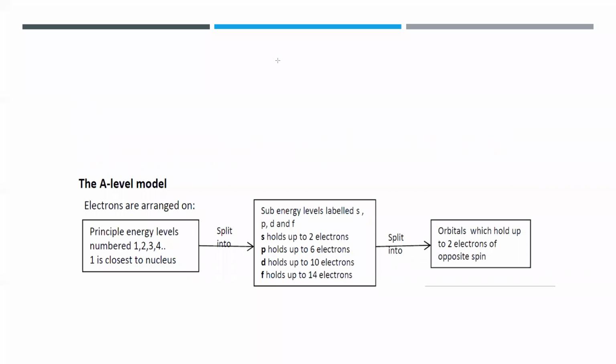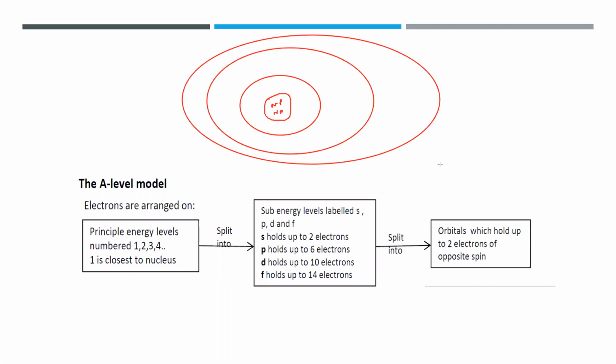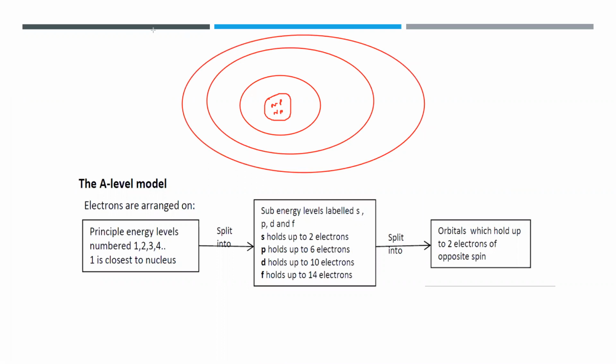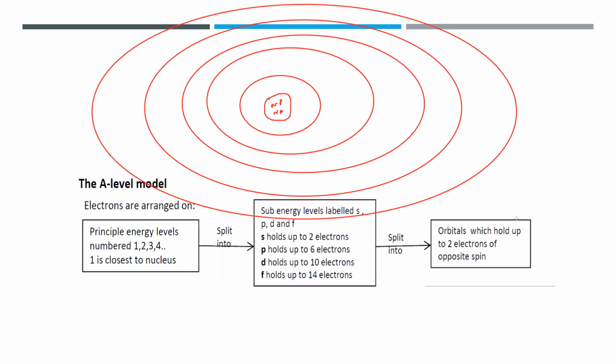For any atom, we have the nucleus, the central part, which contains neutrons and protons, and it is surrounded by electrons in the shells, K, L, M. So these are actually shells: first shell, second shell, third shell, fourth shell, and fifth shell, and so on. 6 and 7 are also there.